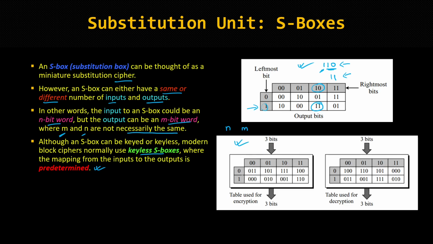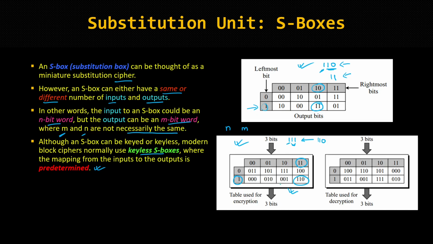Here we have 3 bits as our input, and for our output we can also have 3 bits. Say, for example, if our input was 1, 1, 1, for our leftmost bit we will be checking this row, and for our rightmost bits we will be checking our column. So we can see for 1, 1, 1 we have a ciphertext of 1, 1, 0. So 110 is the ciphertext.